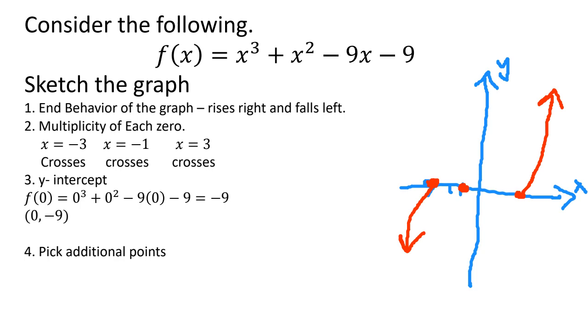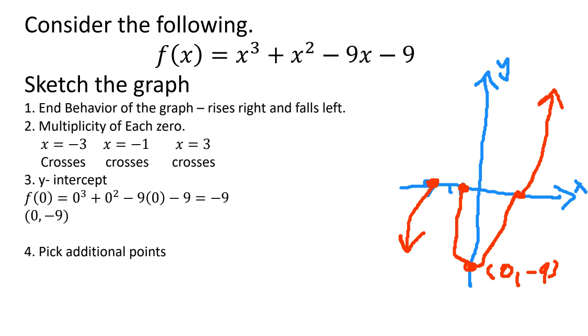I believe this is 0, -9. So these are the points that I have. I can be very liberal and join this like this, but I don't know how far it goes over here. This is where additional points come in.